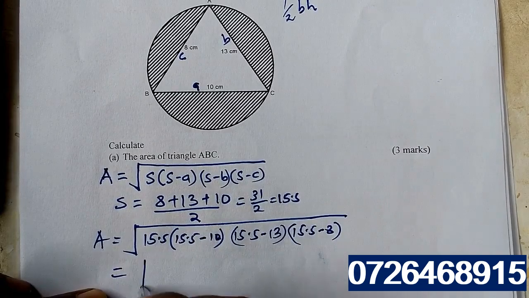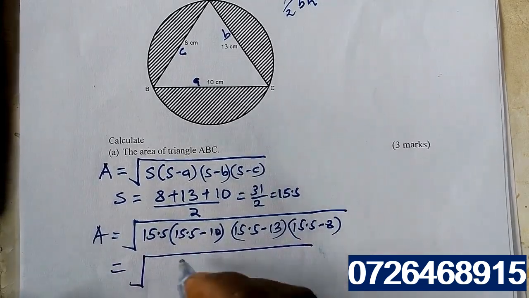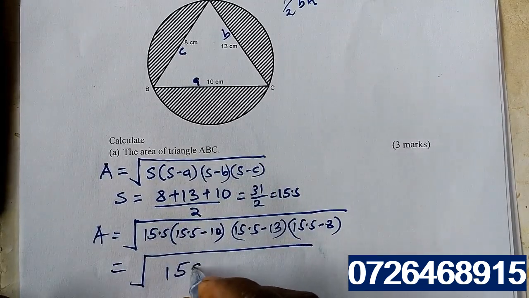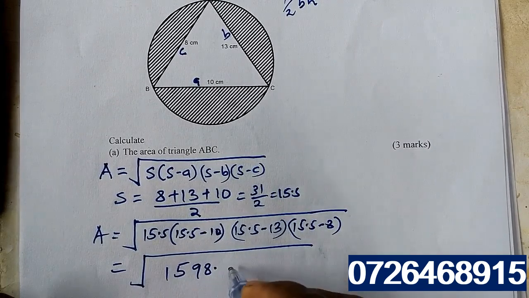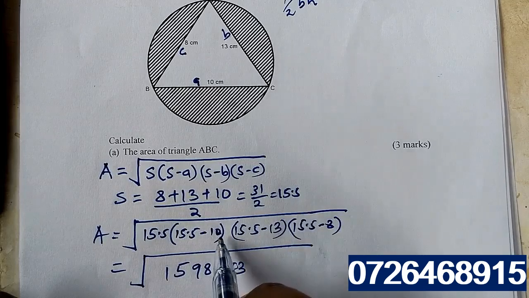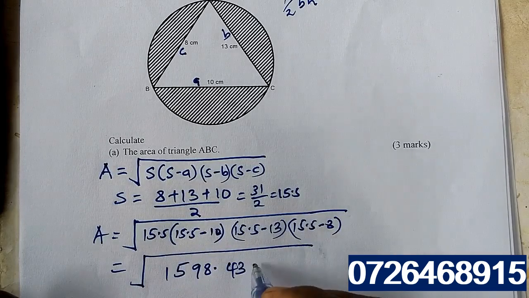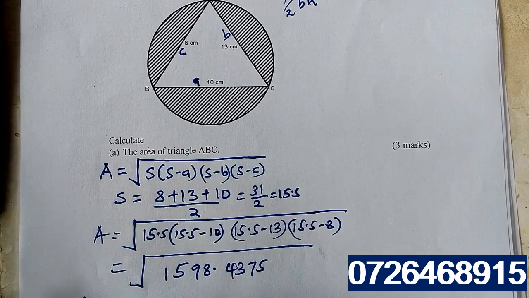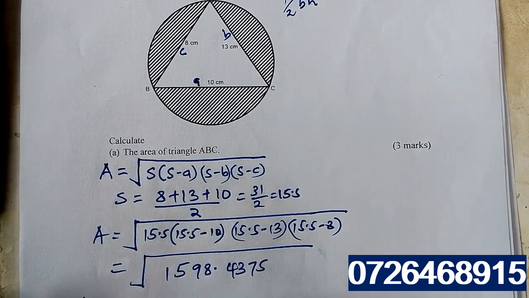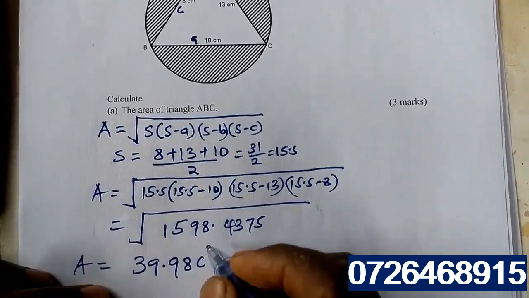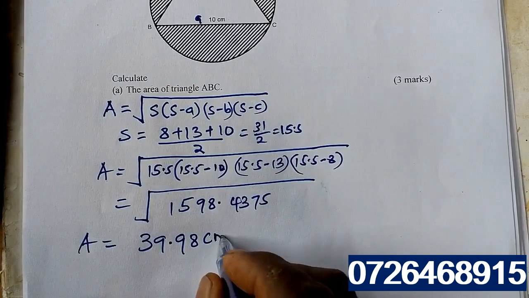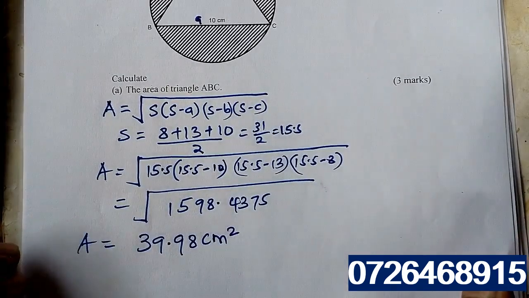So you will realize that this one will give you 1598.43 when you multiply this times this times this. Then the square root is 39.98. So our area is going to be that, 39.98 centimeters square. So the area is as simple as that.